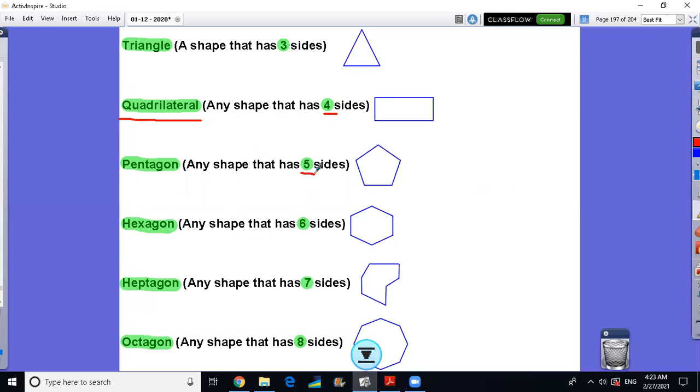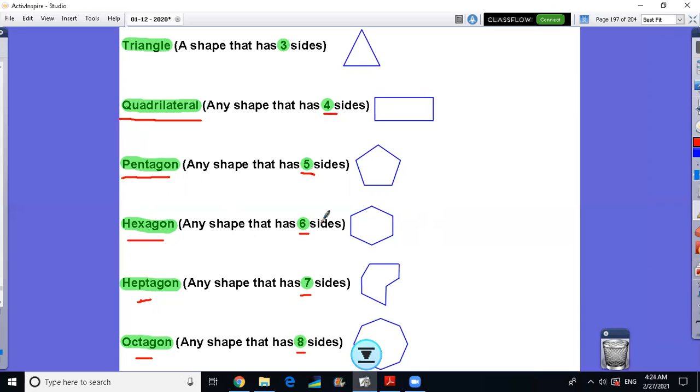Any shape with 5 sides is called pentagon. Any shape with 6 sides is called hexagon. You must memorize them. Any shape with 7 sides is called heptagon. Any shape with 8 sides is called octagon. That is it. You need to memorize them.